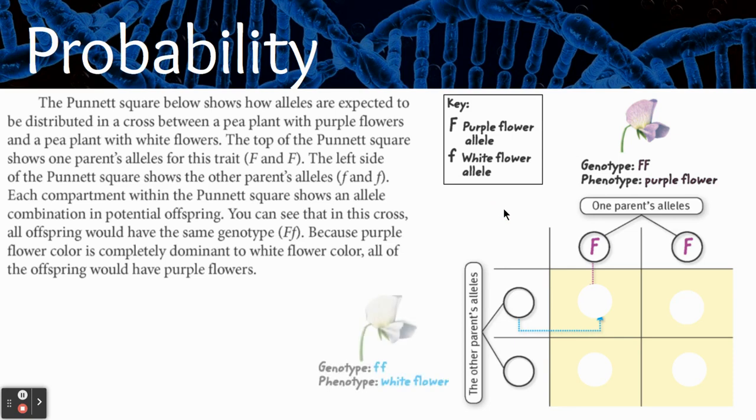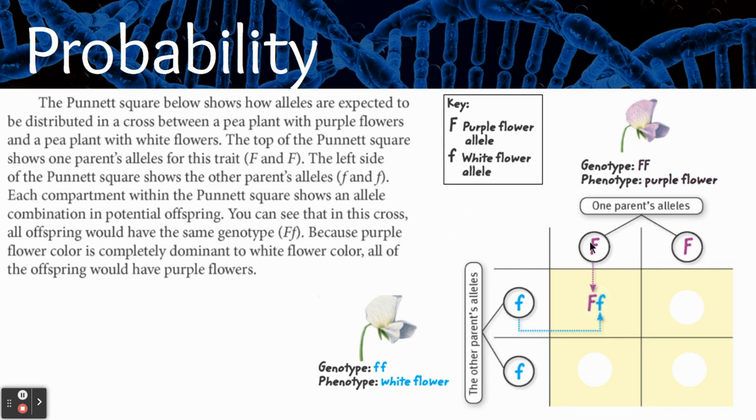Let's say this parent's alleles are lowercase f. Now we can see that purple flowers are dominant to white flowers because of the key letting us know that. So here we have a homozygous dominant flower, 2 capital F's, and we're going to cross it or breed it with 2 lowercase f, or a homozygous recessive flower. Let's see what happens on the inside.